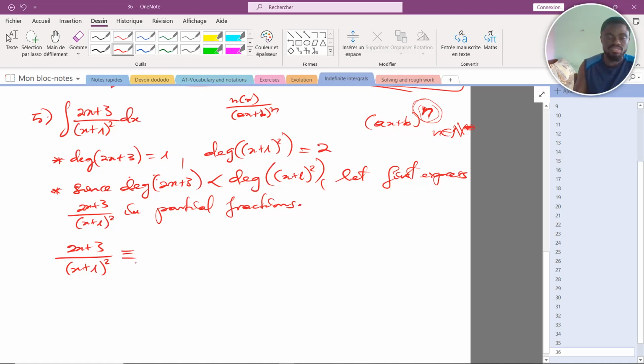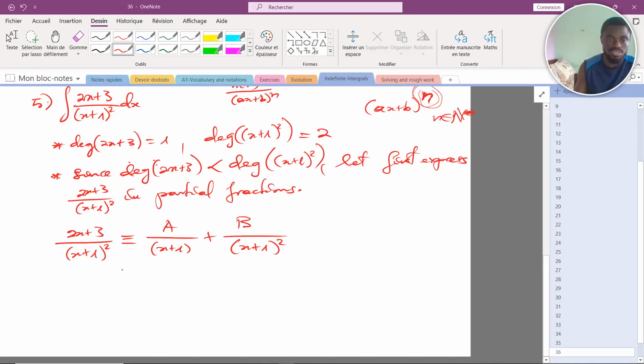So to express this in partial fractions, this will simply be equal to A on (x + 1) plus B on (x + 1) squared. So in partial fractions, this can simply be written as this. Let's continue with the calculation.